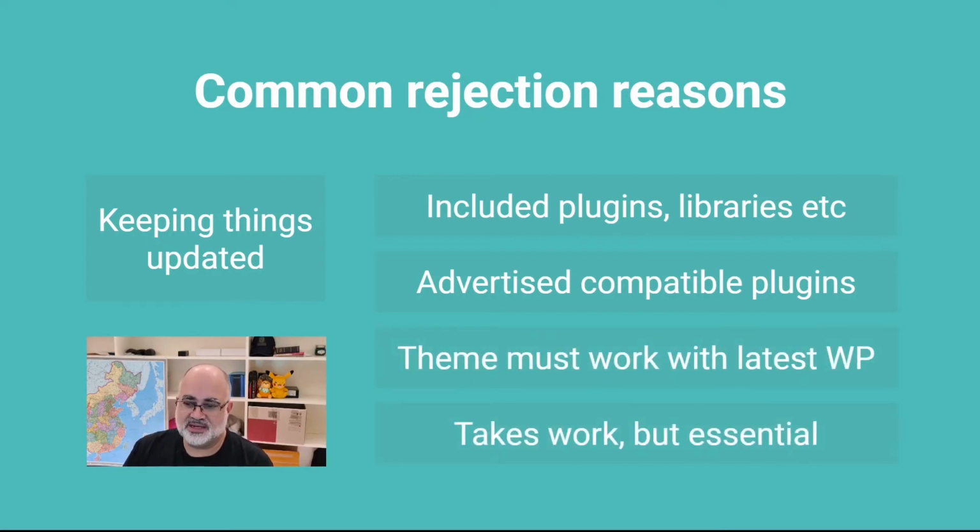And now look, that takes a lot of work, because as you update all the things, it might actually impact your theme. You might have to change your theme to cater for some of that. So we understand that takes work, but it's really essential, because you can't ask customers to stay on old versions of those things, because there's a steady stream of security updates and things like that for a lot of those things. So you can't say stay on the old version of WooCommerce for 6 months. It needs to work with the latest version.